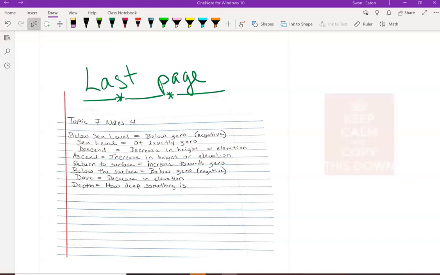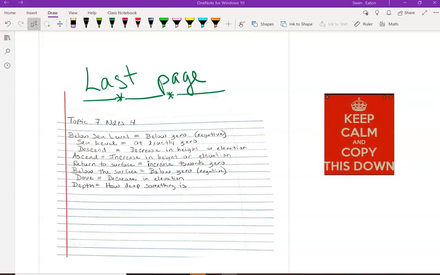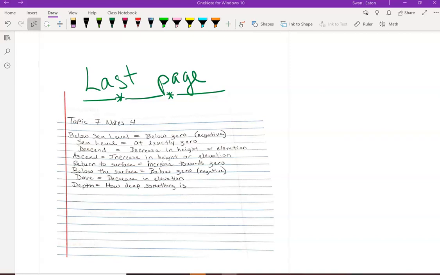You need to make sure you know what these mean, or at least have a resource to go look to see what they mean. This is the last page. There are a lot of different things that we're going to learn in Topic 7, so you need to make sure this time around your notes are very clear. That's why I wrote them down like that, so you can model exactly what I did. Thank you.